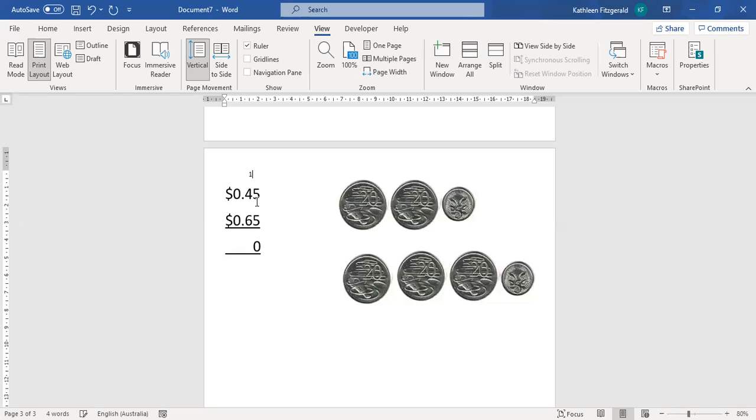Because when we added the 5 plus the 5 in our units column, that meant that we created 1/10. So we put our 0 there because we've carried our 1 over into the tens column. Then we've got 4 plus 6 is 10, plus 1 is 11. So we would put our 1 here because we have now got $1.10.